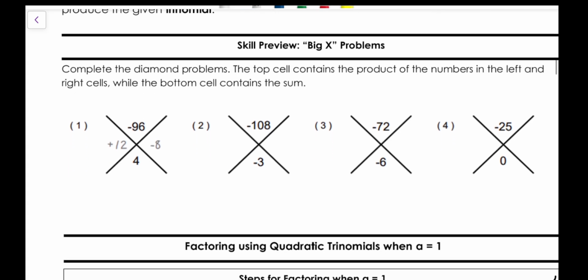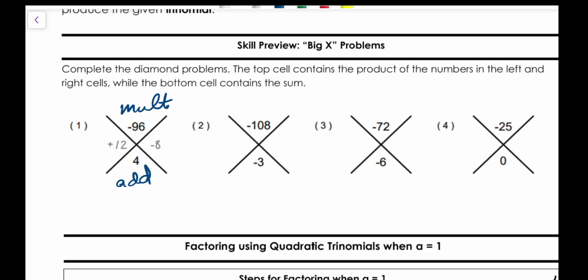Inside of this, many of you have seen the x. And the x is just a graphic organizer that we're trying to multiply to get the top number, and we're trying to add to get the bottom number. And that's a very essential skill for factoring. So sometimes it's easy, sometimes it's hard.